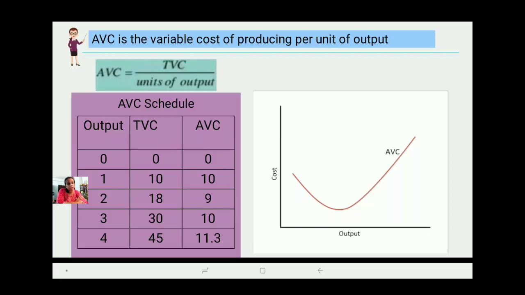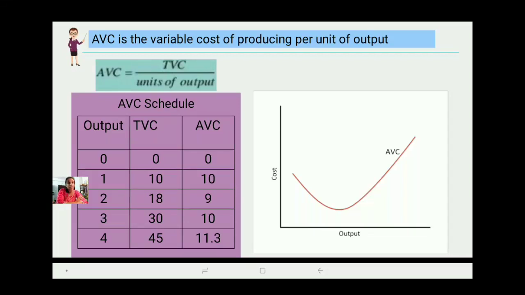Why? Because it starts at 10, then decreases to 9, then again starts increasing. Initially average variable cost decreases, and after a point it starts increasing because of the law of variable proportion. If you remember, productivity goes down, so cost increases because of the second stage of diminishing returns.